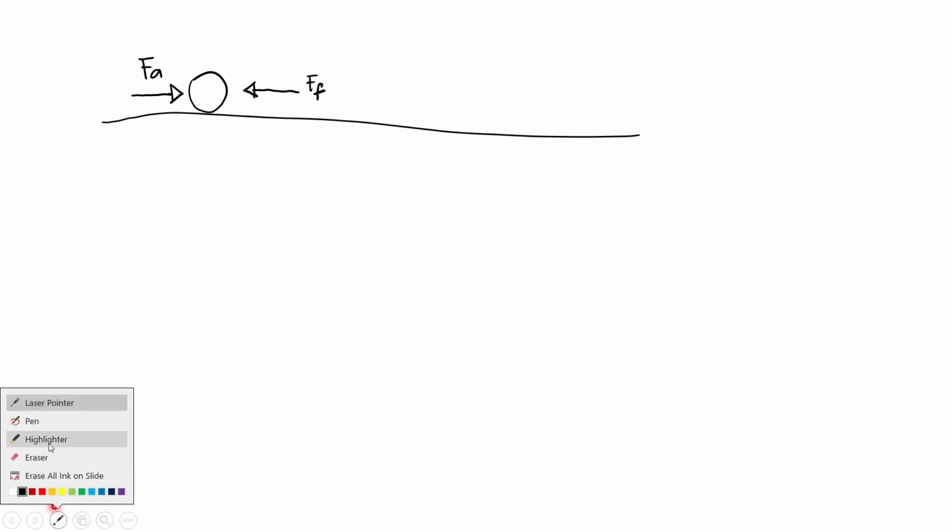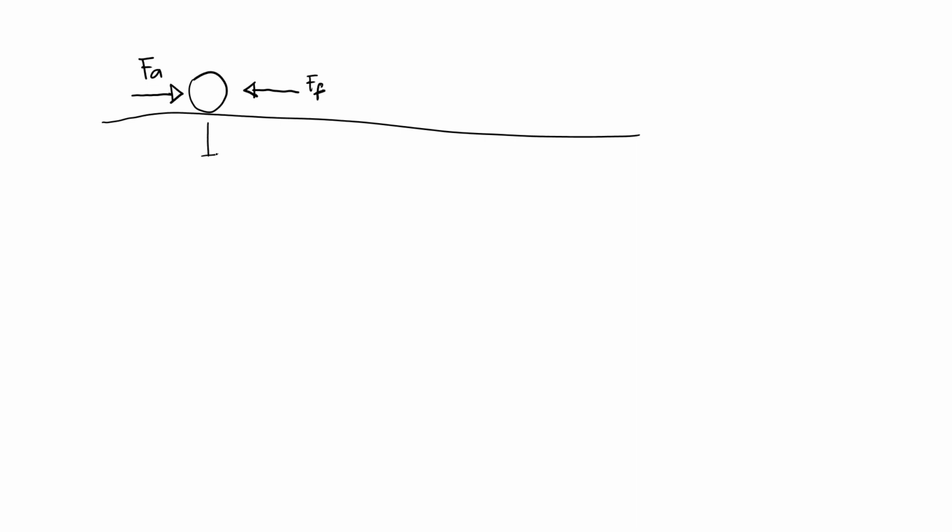So if this is our object, there are other forces acting on it. This force is called the horizontal force, Fa, and there is the frictional force. We also have the force called weight, guys. The moment the object touches the ground, it has a weight force, and the ground fights back with a force called the normal force.